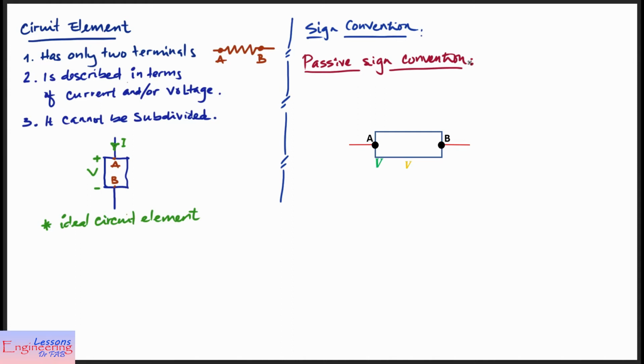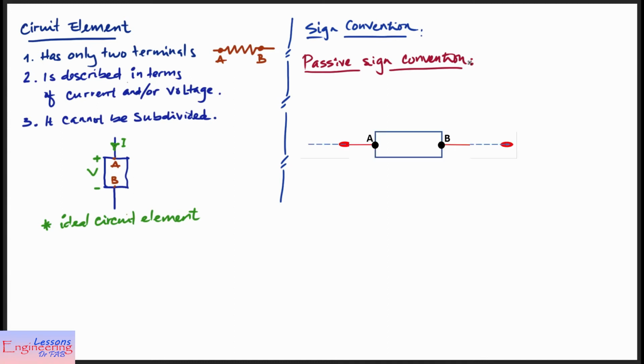The voltage at one end will always be higher than the voltage at the other end. And any direction that goes from the higher voltage to the lower voltage is the direction of voltage drop.